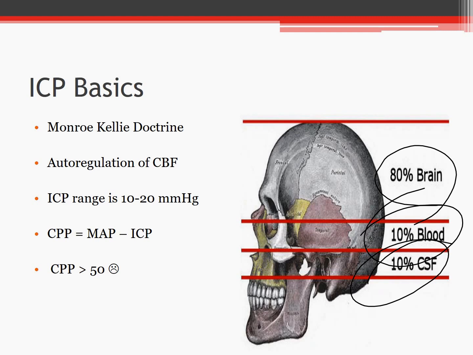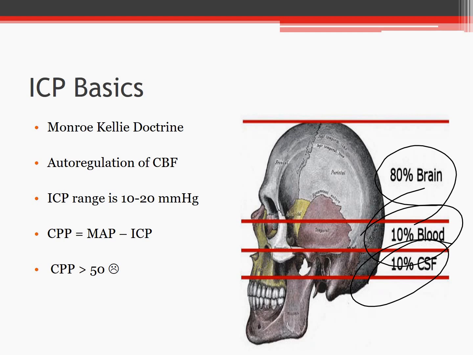When the brain is not able to compensate and keep the intracranial pressure constant and it rises, then what happens? The brain and its limitations are met and there's decompensation, and this decompensation results in vessel compression and brain tissue ischemia.